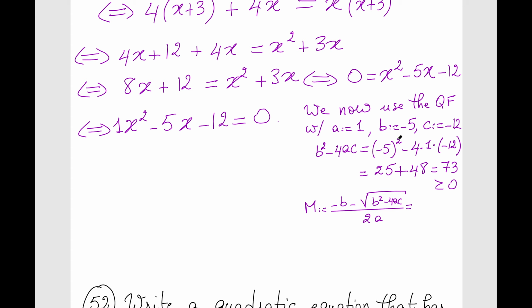What's b? b is -5. So negative b becomes +5, minus the square root of our discriminant, which is 73. So square root of 73. 73 is a prime, right? So this is simplified. You cannot do much better than this. Divided by 2a. And what's 2a? a is 1, so 2a is 2.